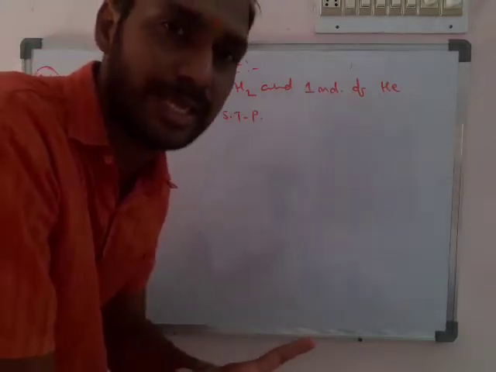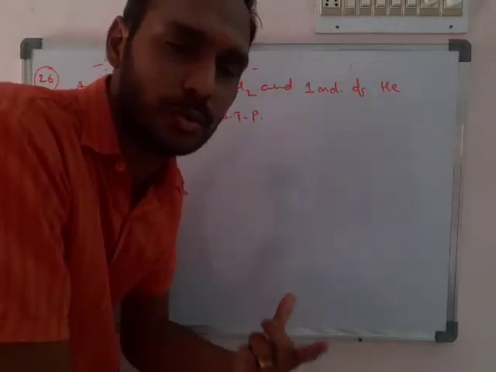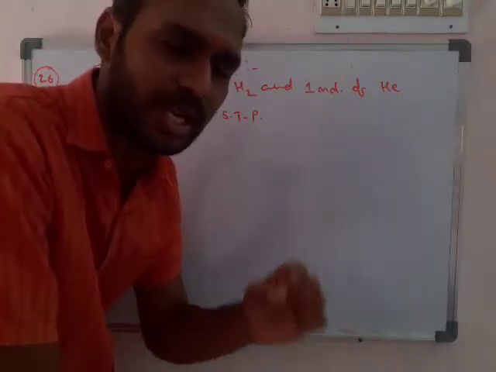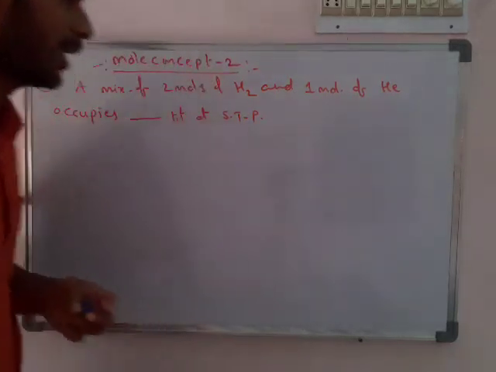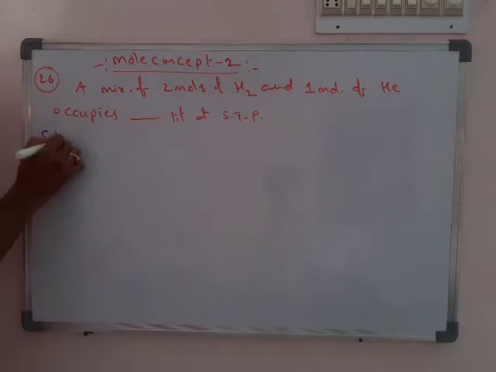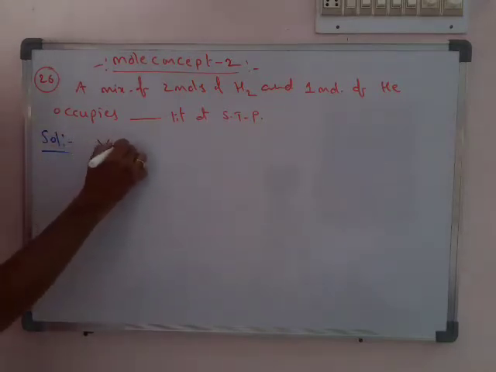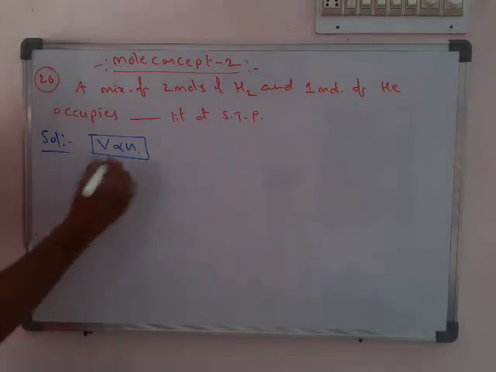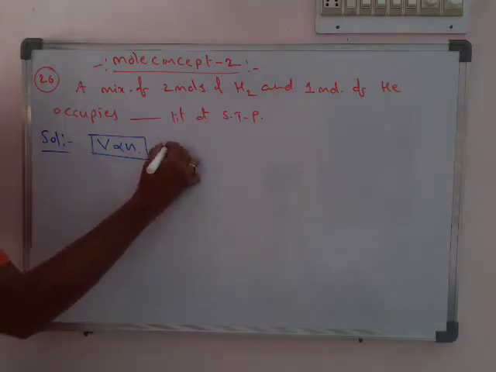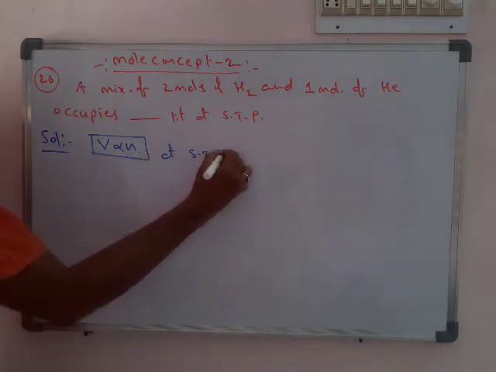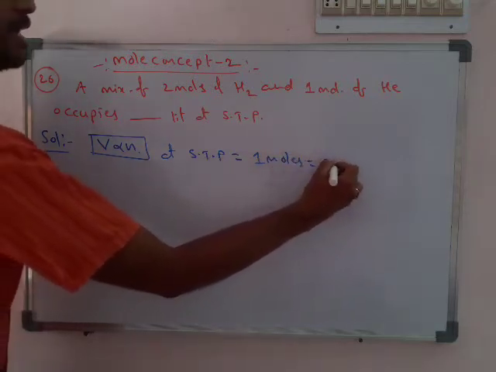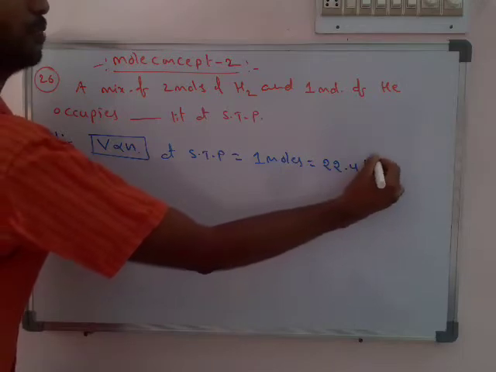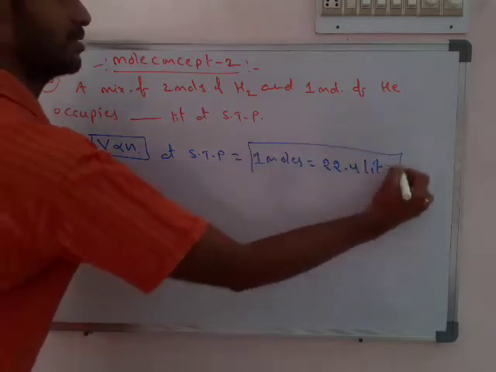Whatever the gas is, H2 gas, O2 gas, the smallest, lightest gas or heaviest gas, it does not matter. According to Avogadro's law, volume is proportional to number of moles for any gas. At STP, 1 mole always occupies 22.4 liters of any gas.